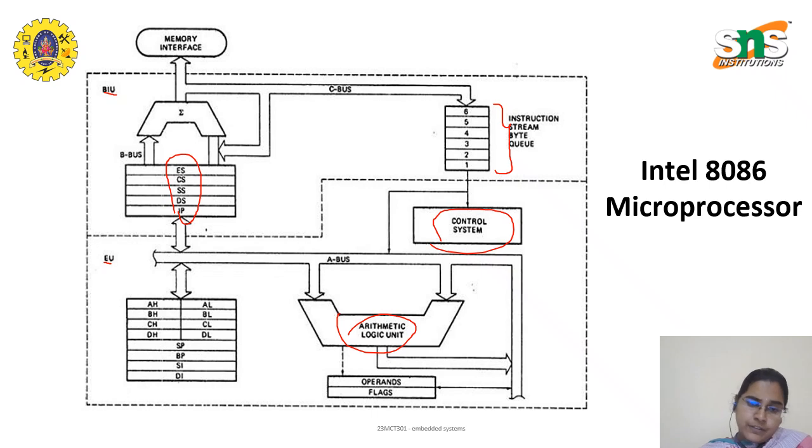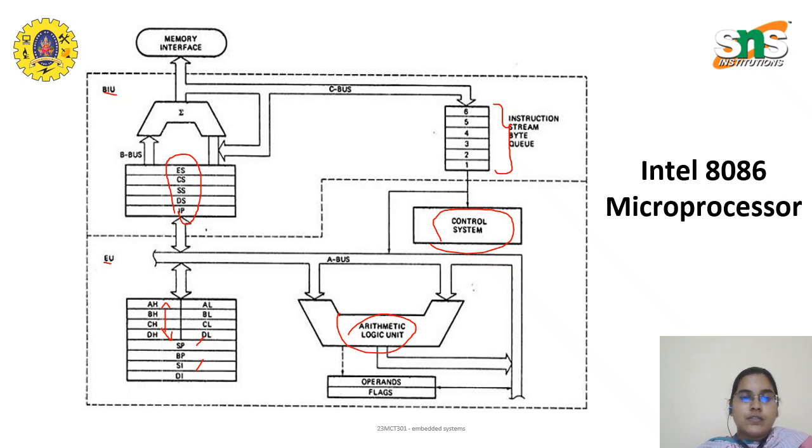Apart from that, we have flags and operands to state the instruction state and the output execution state. We also have the combination of 8-bit registers into 16-bit, that is AH, AL, and from A to D we have 4 types of registers, which are all 8-bit registers. Apart from them we have the stack pointer and stack instructions.